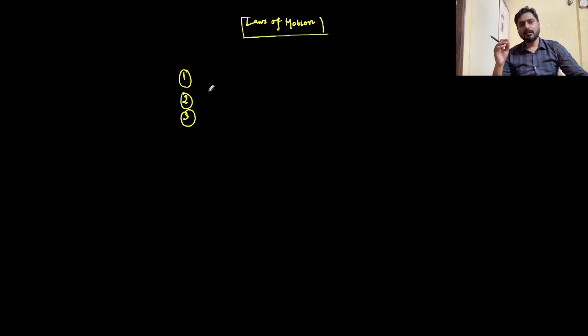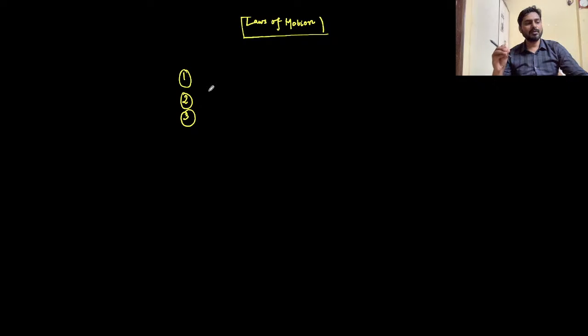The first law of motion, also known as the law of inertia, says that if anything is in motion, then it will remain in motion, or if anything is not in motion, then it will try to maintain that state.